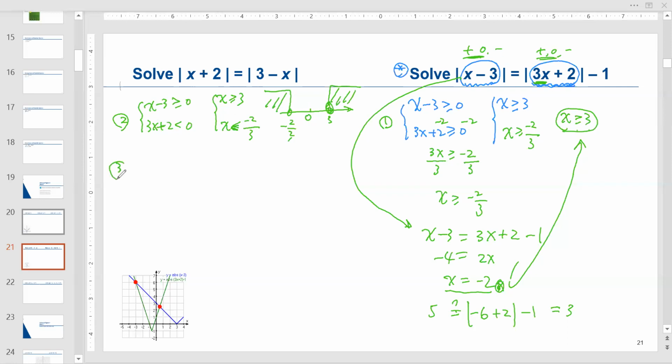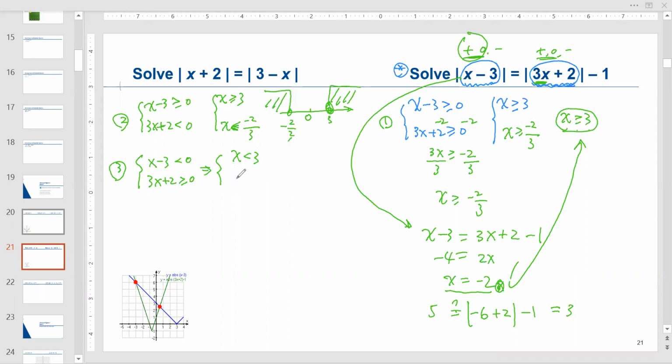All right, so let's go to the third situation. So we just talked about the first situation, both this one and this part. For the third situation, x - 3 is now less than 0, but 3x plus 3 greater equal than 0. So you can see x less than 3, right? Both sides plus 3 for this part. So you can get it here.